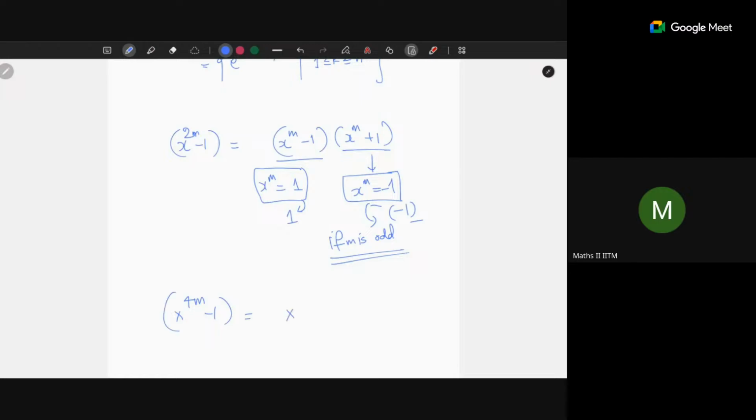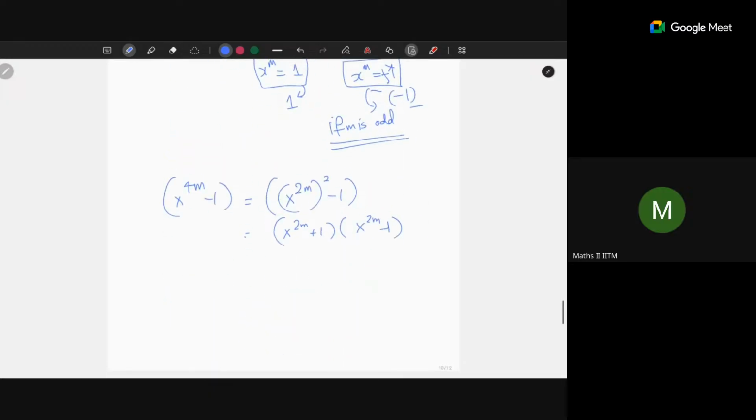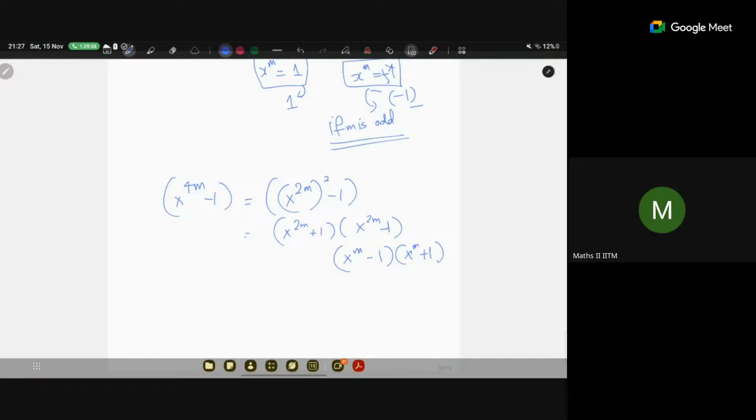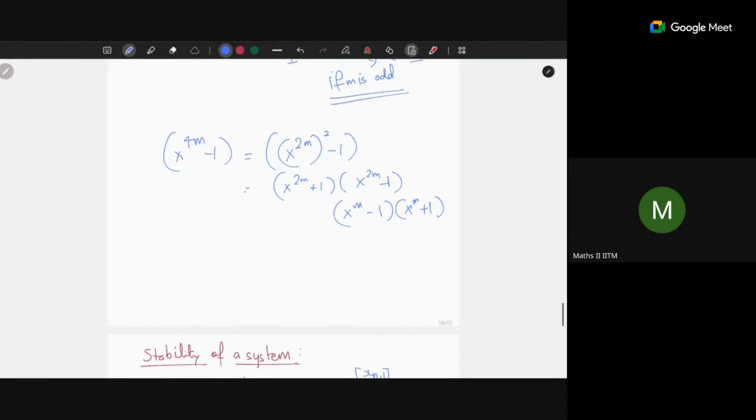You can think of it as x squared to the power m, minus 1, and then you can again factor, where m is odd. So in particular, you have something like x to the power 2k m minus 1.